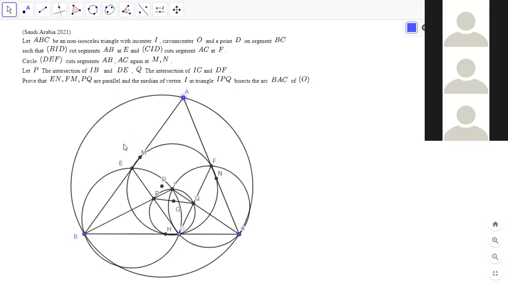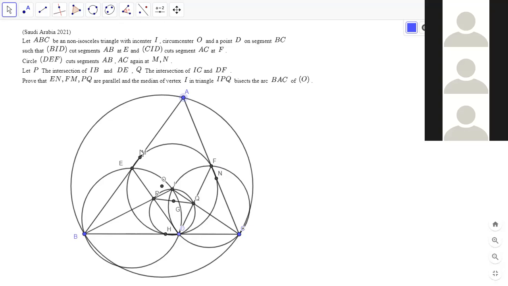So angle AMF is angle EDF, and angle AFM is, are they both EDF? Wait.